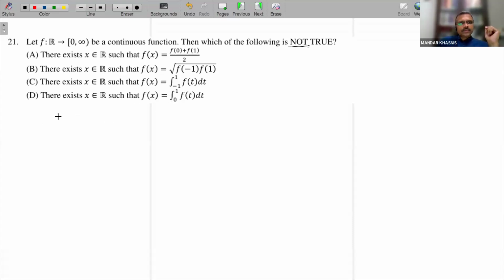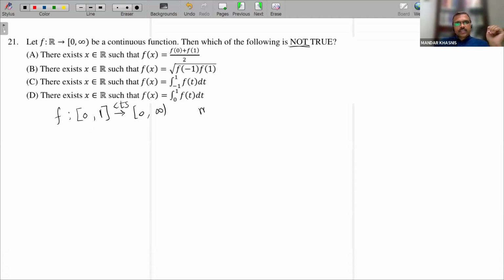So let's look at the same function, only I'm looking at it on 0 to infinity. Let us restrict the domain to the closed interval [0,1]. Now continuity tells me that f attains its bounds.